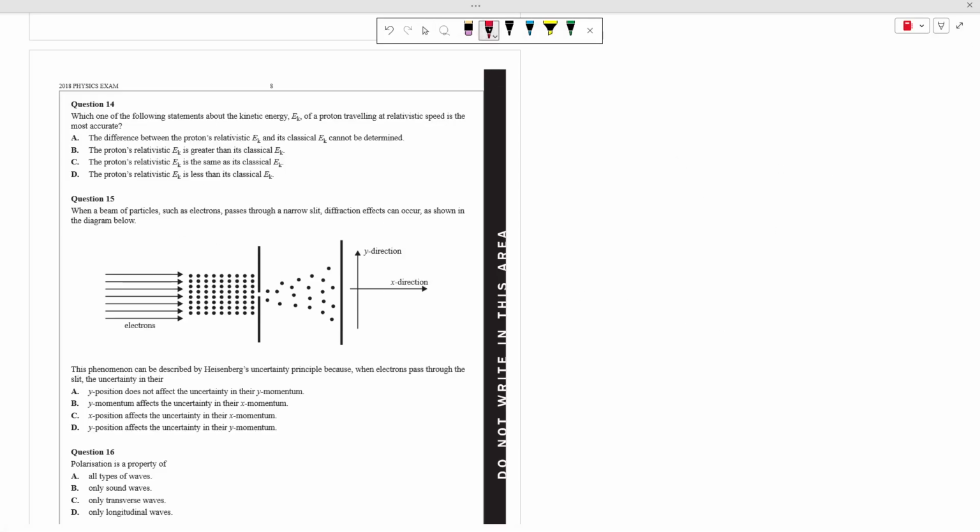Well, I guess one thing we could do is write down the formula for the kinetic energy of a relativistic particle. Now, I can't remember what it is, so I'm going to use my formula sheet. It is gamma minus 1 times mc squared.